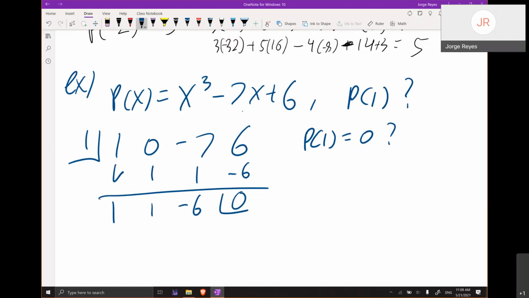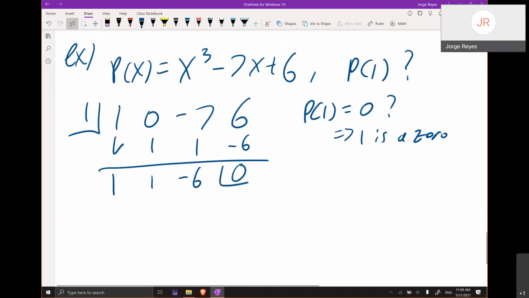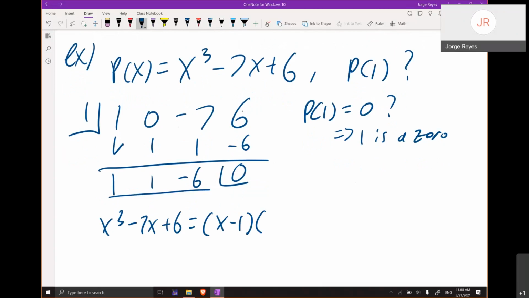So 1 is a zero. But that also means, if I do the division algorithm, x cubed minus 7x plus 6 is equal to x minus 1 times x squared plus x minus 6, plus remainder, but the remainder is 0. So you've actually factored.